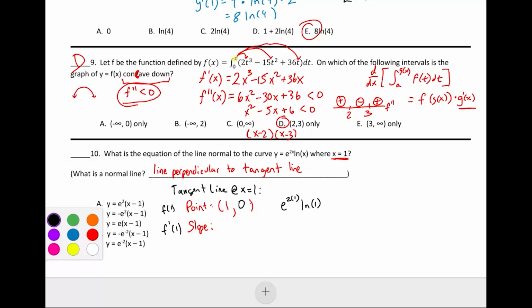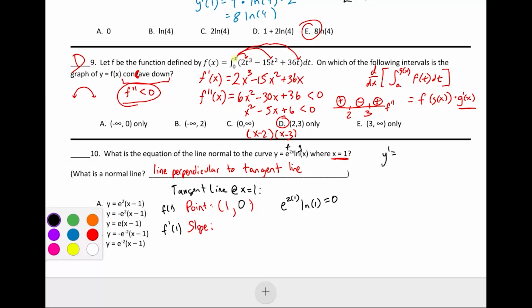Now let's find the derivative of the function. So y prime, and we're going to have to use product rule and chain rule. Okay, so if this is my f and this is my g, I'm going to have f prime g plus f g prime.